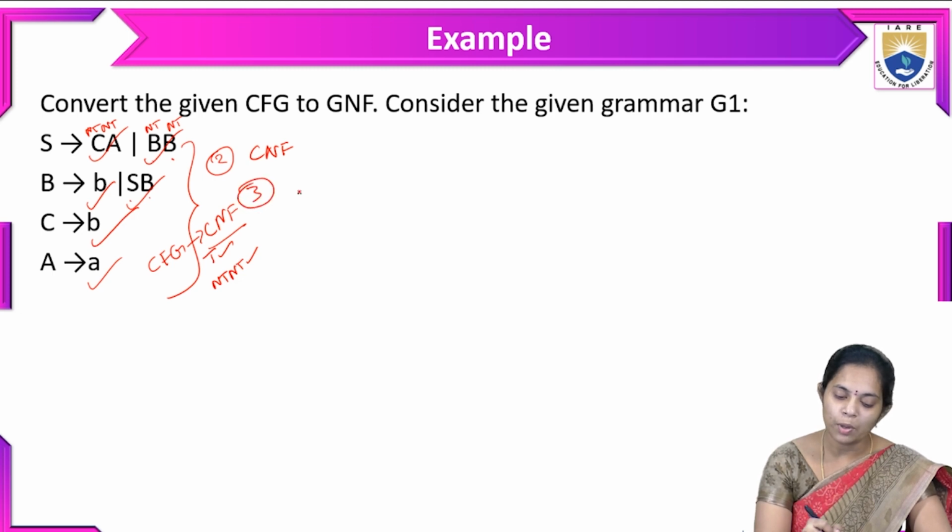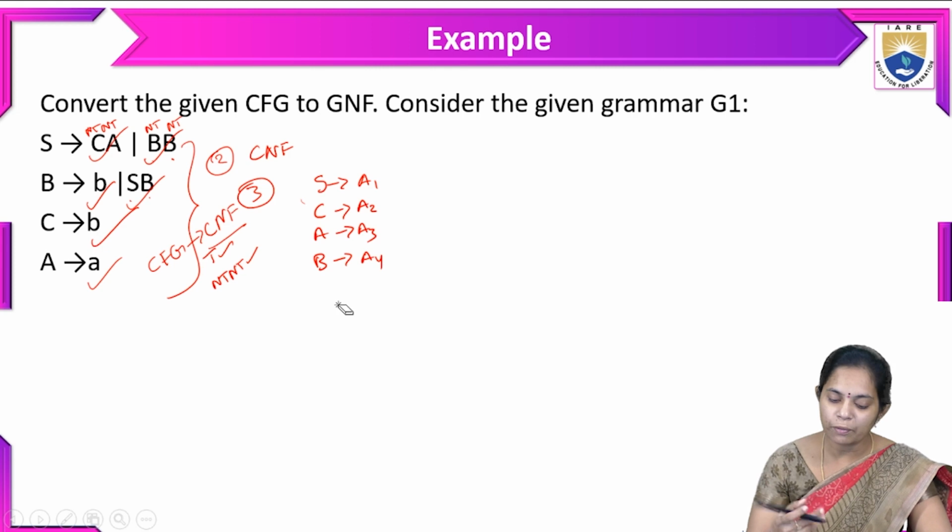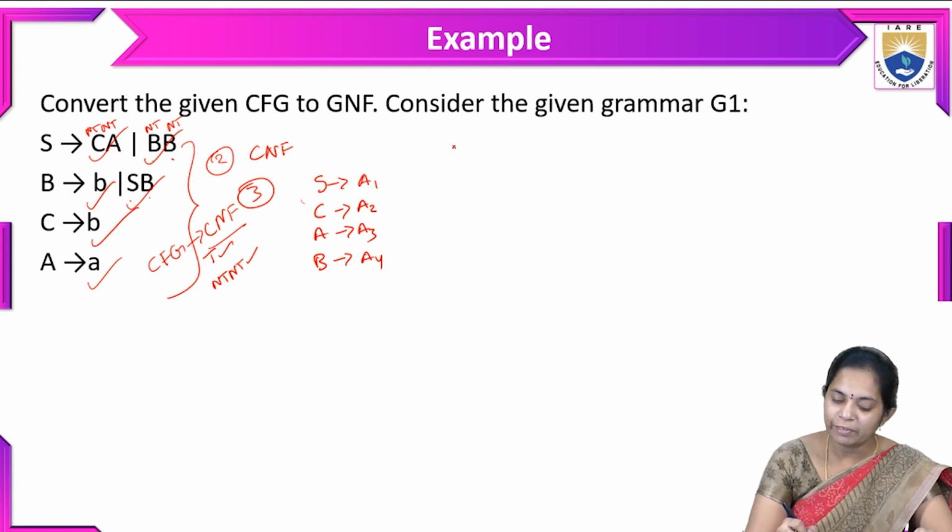And in the third step, we have to assign some values to new variable symbols, in ascending order: S tends to A1, C tends to A2, A tends to A3, and B tends to A4, and V stays as V. These are the four non-terminals, and here we write the grammar.